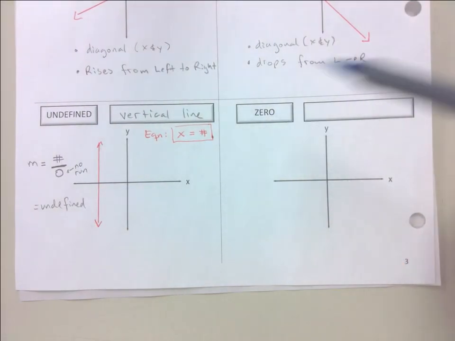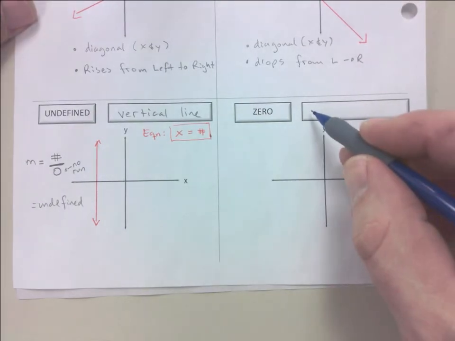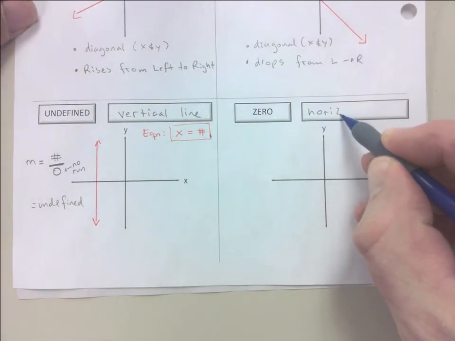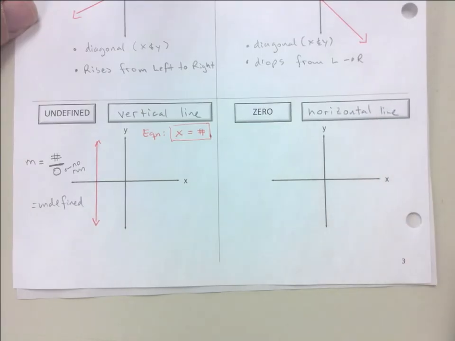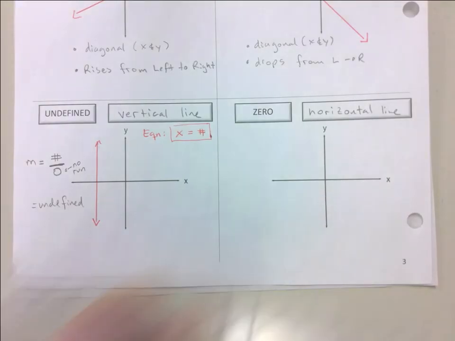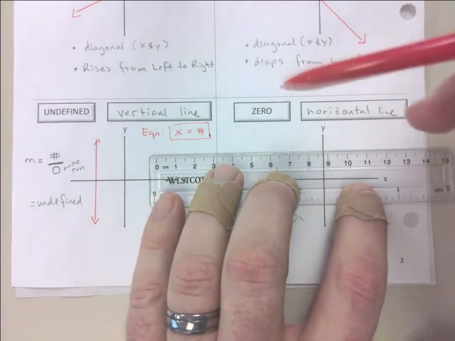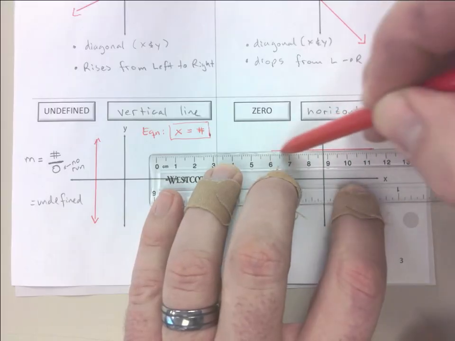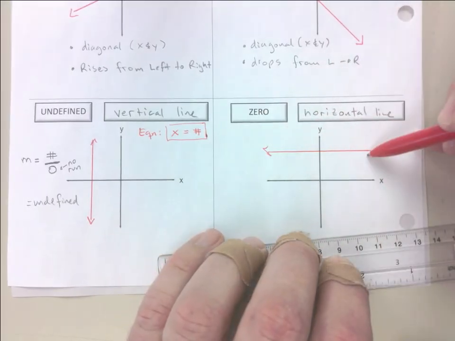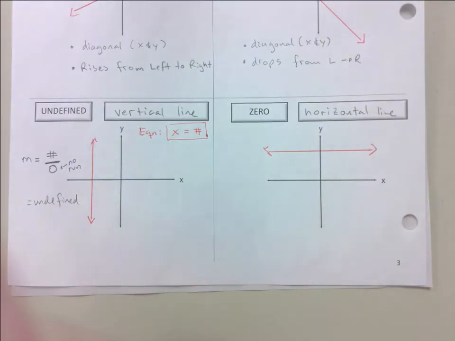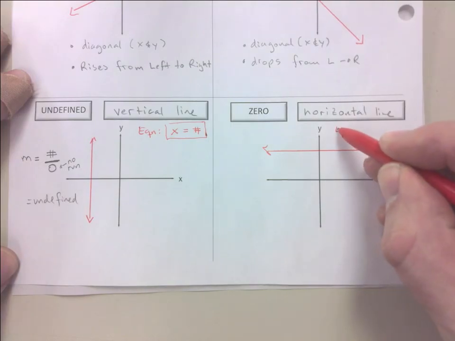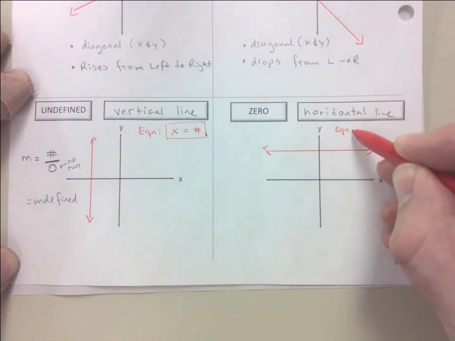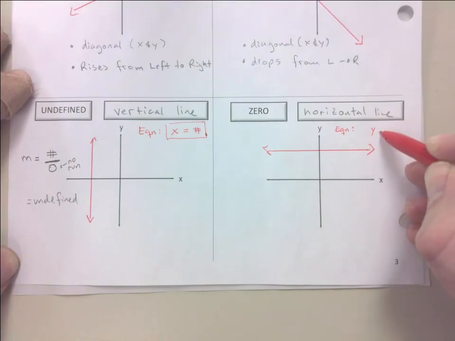Okay. Then there's the zero slope. Zero slope is simply a horizontal line. And so your line will always be parallel to your x-axis. The equation will always be y is equal to a number.